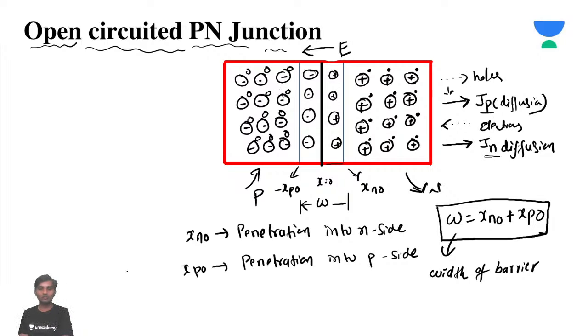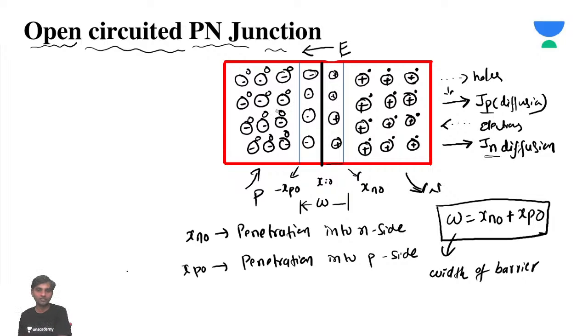So now this is about diffusion, but there is something called drift. What is drift current, sir? Drift current is because of the minority charge carriers present in the P region and N region. Is it clear? What are the minority charge carriers present in the P region?